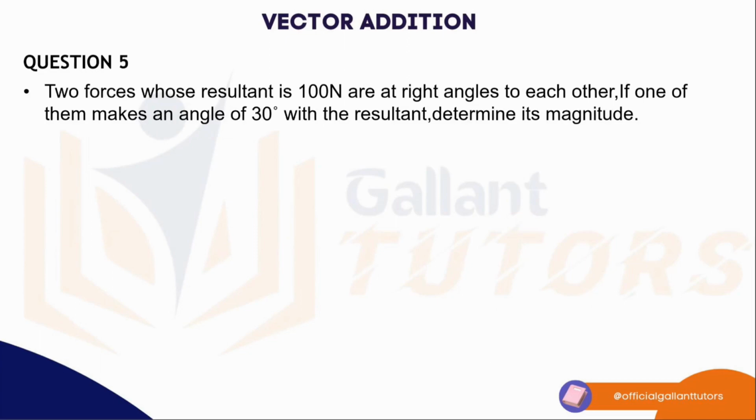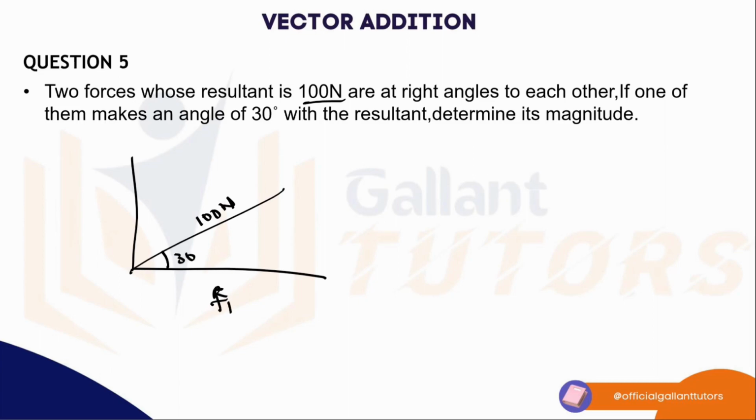Alright, question 5. Two forces whose resultant is 100 Newton are at right angle to each other. They are at right angle to each other. The resultant we know is 100 Newton, right? If one of them makes an angle of 30 degrees, so let's assume this is the angle and this is the R, this is the F1, which made an angle of 30 degrees with the resultant.